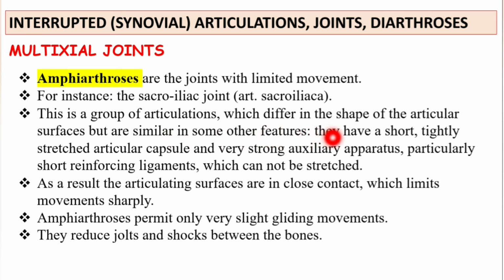They have a short, tightly stretched articular capsule, a very strong auxiliary apparatus, particularly short reinforcing ligaments which cannot be stretched. As a result, the articulating surfaces are in close contact, which limits the movements sharply. Amphiarthrosis permit only very slight gliding movement, and this will reduce the jolts and shocks between the bones, right?